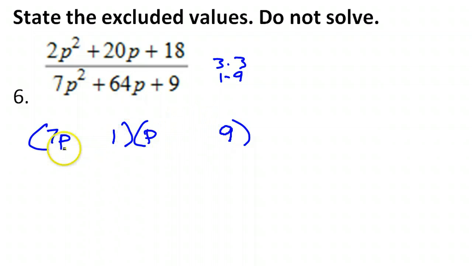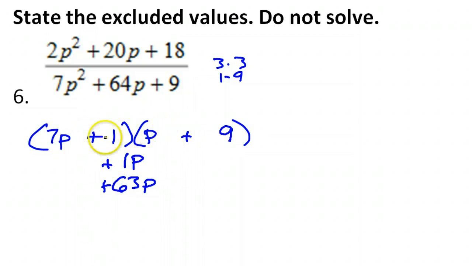Well, check it out. 7 times 9 is 63. So inner I have 1p, and outer I have 63p. That'll make 64 as long as both of these remain positive, and a positive times a positive is a positive. So that's brilliant. We factored it.